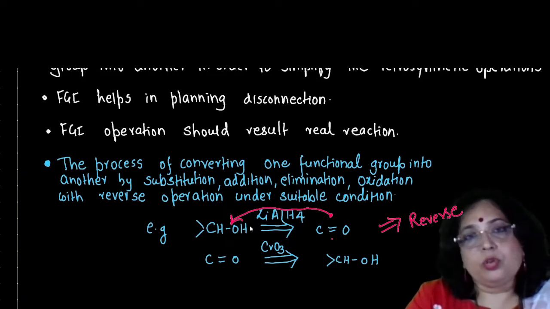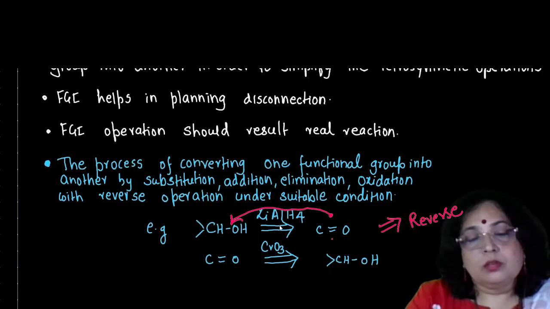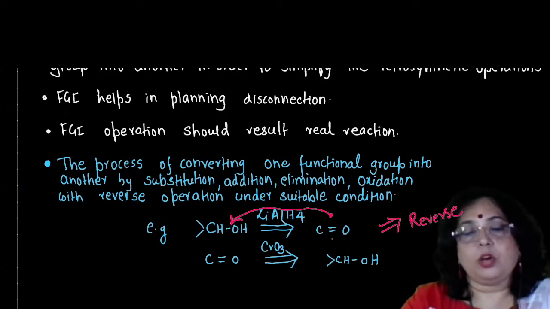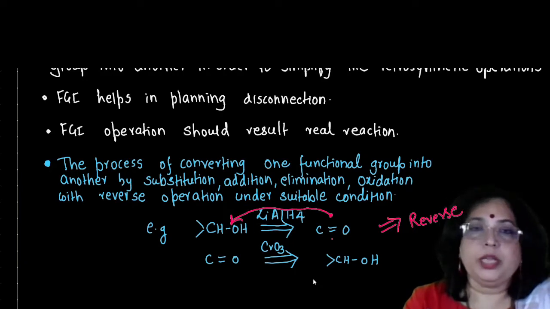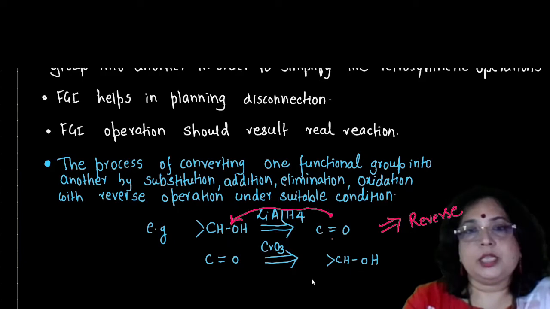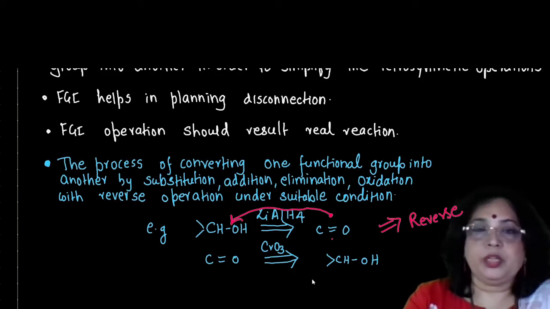When I want to convert the ketone to a hydroxyl group, which reagent is important? Lithium aluminum hydride you can use for this conversion. There are some more reagents, which in later cases I will tell you about.